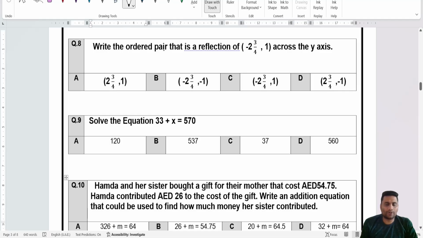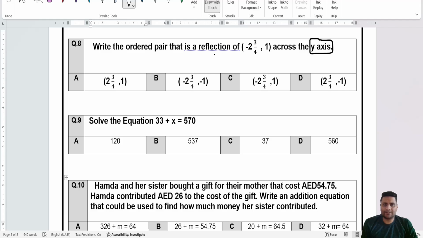Write the ordered pair that is a reflection of this coordinate across the y-axis. Understand this question carefully. I will give you a trick, and with the help of the trick this question will become very easy.